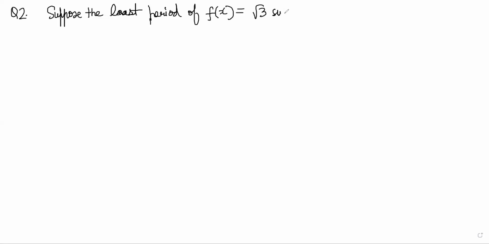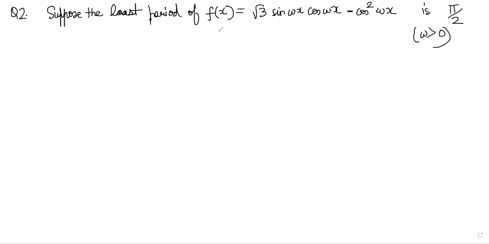Question 2 says that suppose the least period of f(x) equal to root 3 sin wx cos wx minus cos square wx is pi by 2, where w is greater than 0.